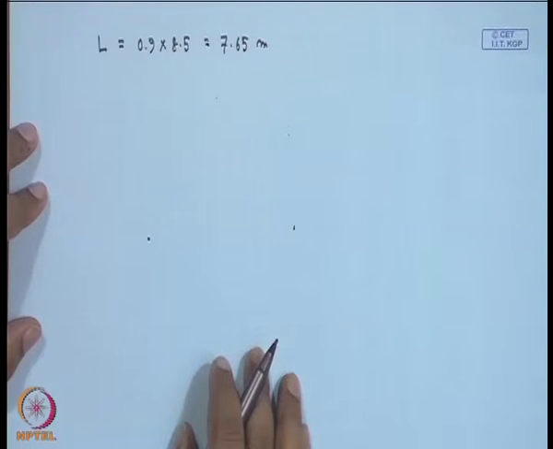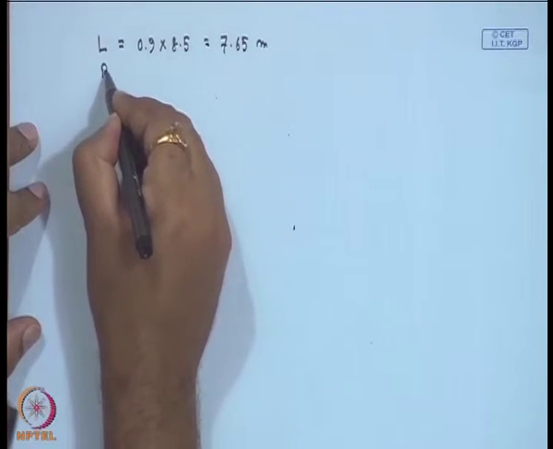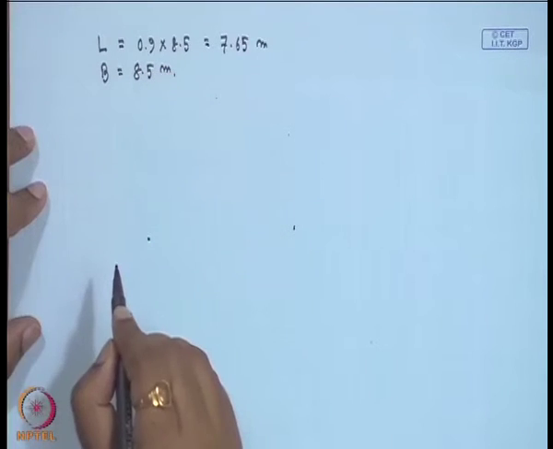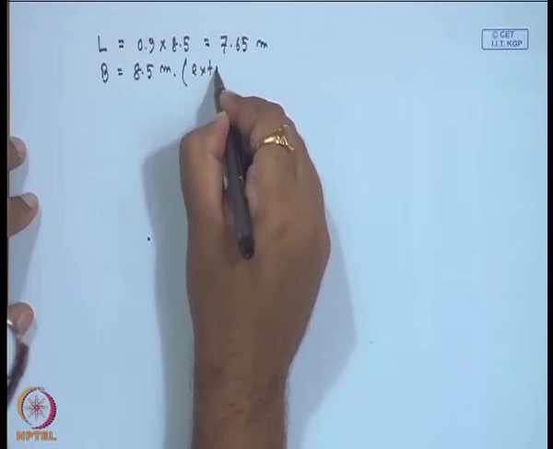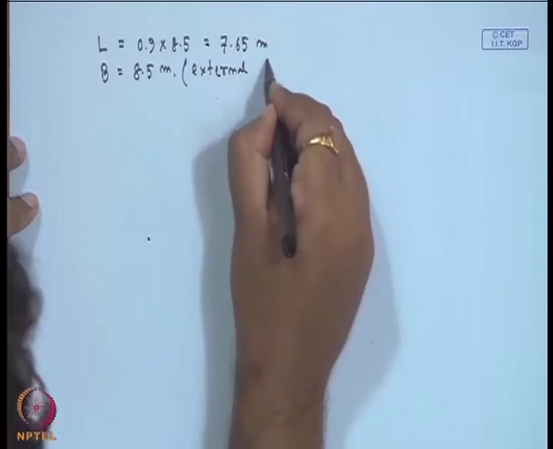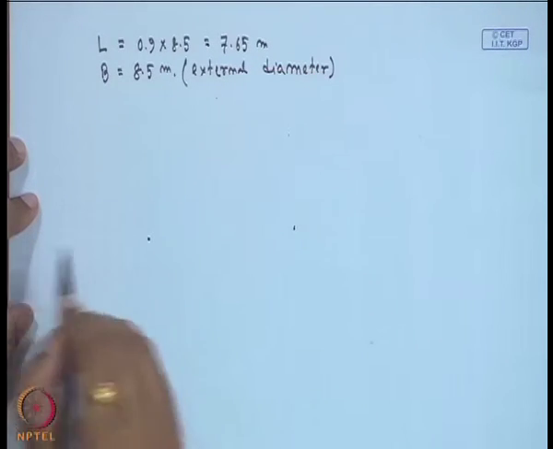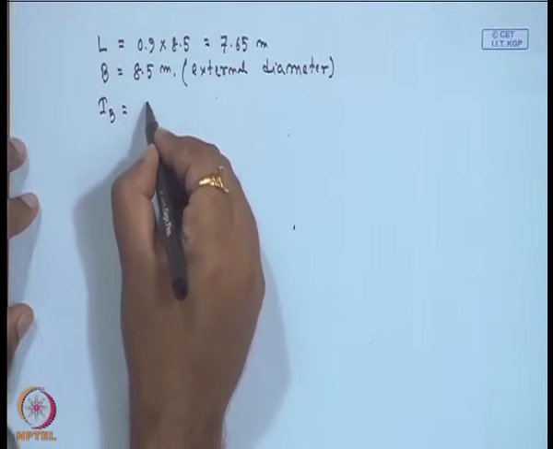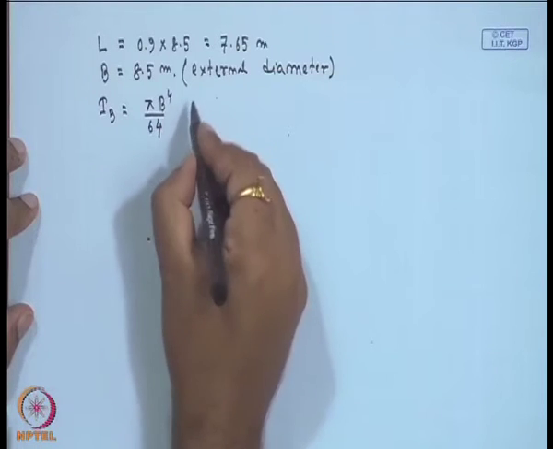Next, the B value here, we have to take 8.5 meter, that is the external diameter. So, Ib we can calculate by pi B to the power 4 divided by 64.